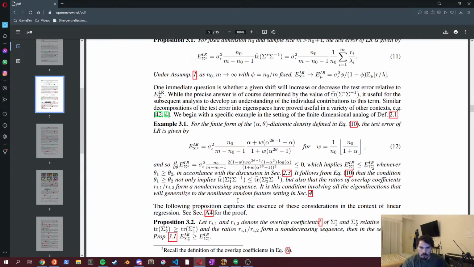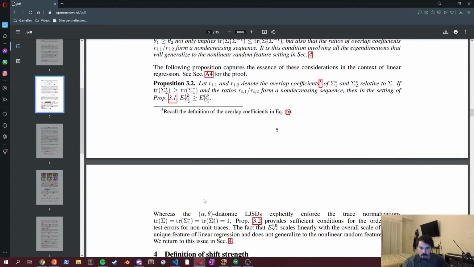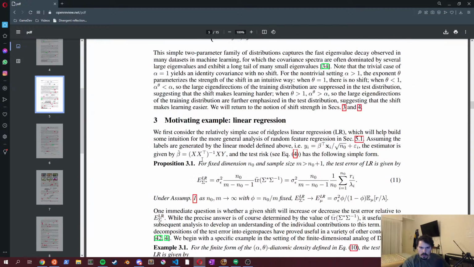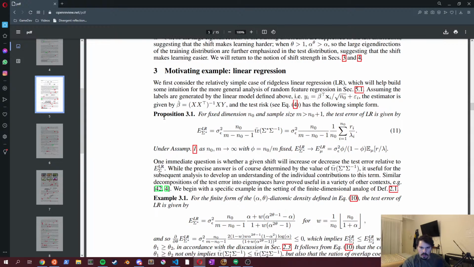Okay. So overall, what they're trying to say in this section is what? They say, okay, if we look at linear regression, the test set error is given by this, which is the trace of the covariance matrices.